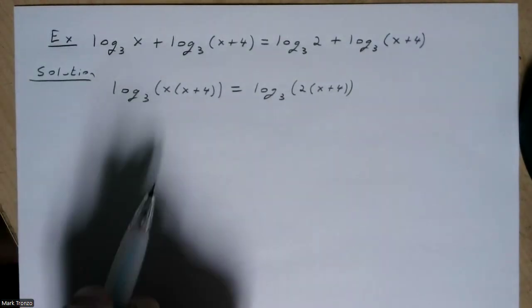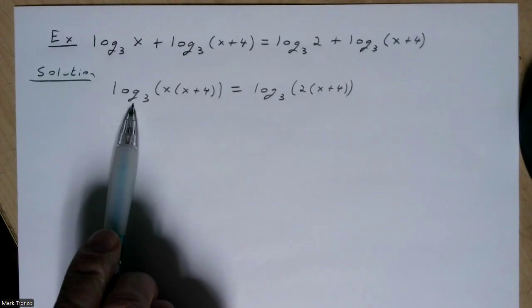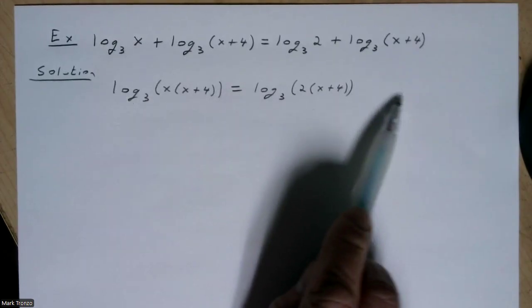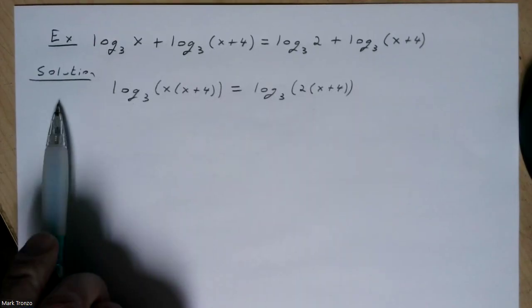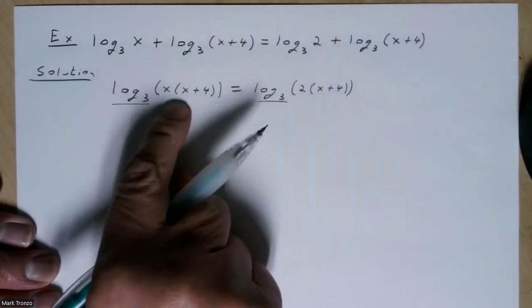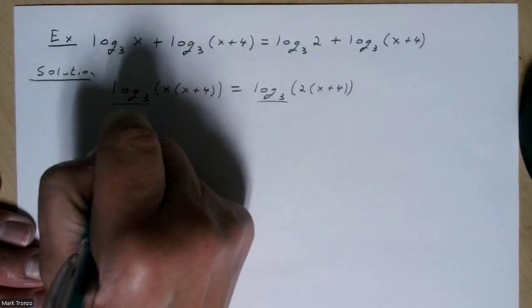Now again, since this is log base 3 here, and log base 3 here, there's only one log on each side. Remember, if there was anything else over here, anything else over here, we couldn't do this. But if these two are the same, we can make the arguments equal.